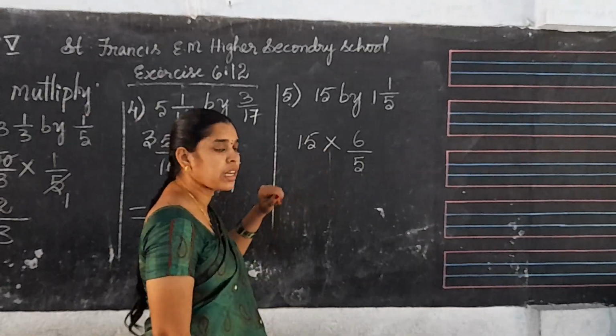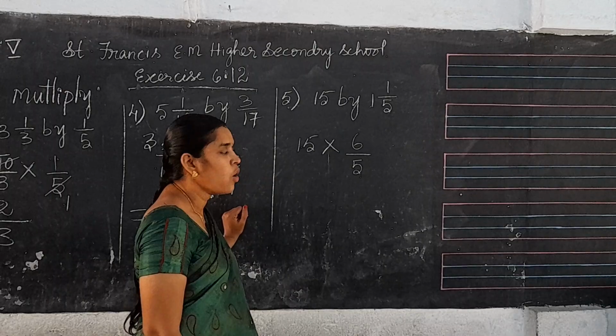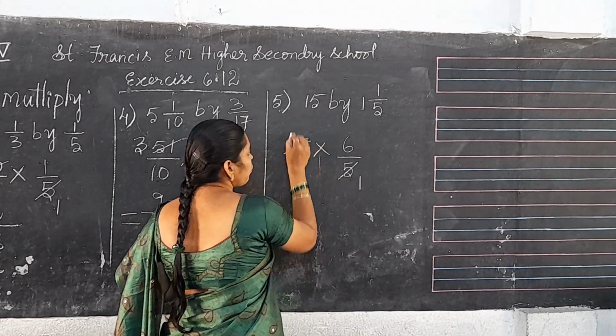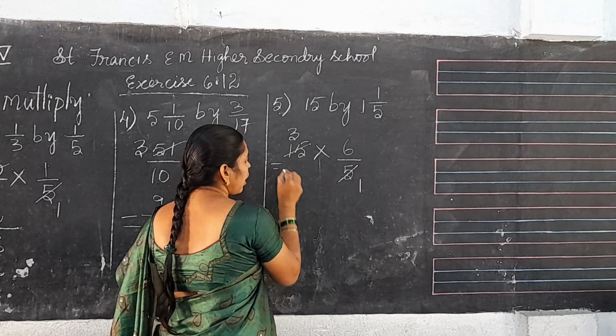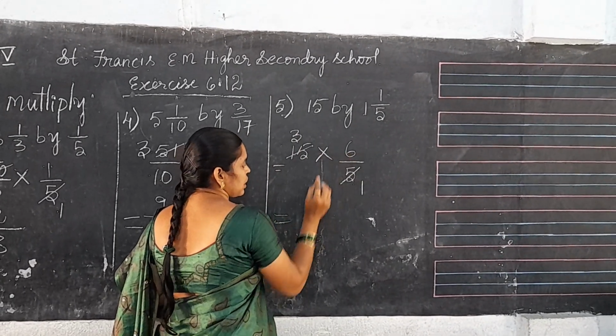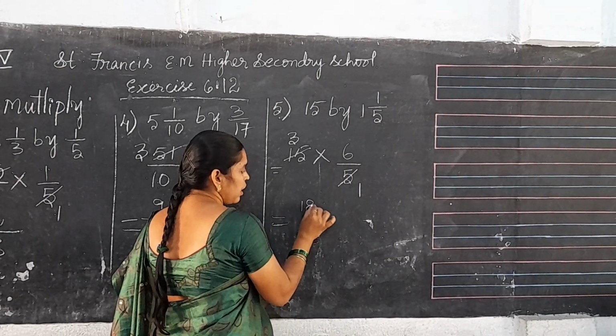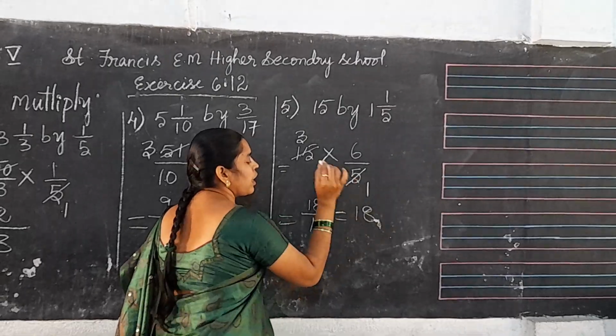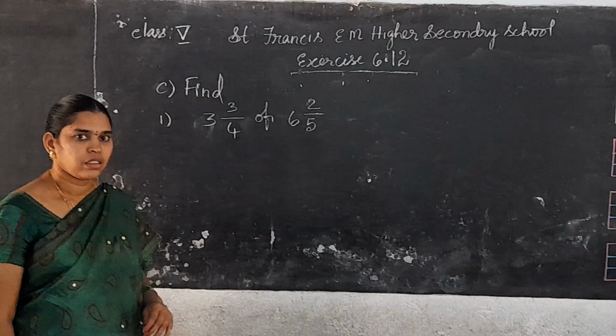In these two numbers, any common factor? Yes. What is that factor? 5. 5 1s are 5. 5 3s are 15. Now numerator and numerator you should multiply. 3 into 6, 3 6s are 18 by 1. So no need to write 1. That answer is 18. Okay?